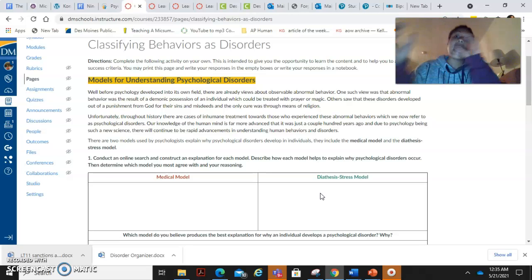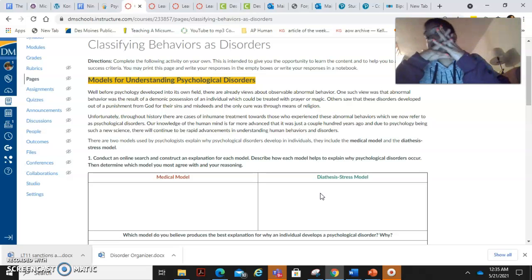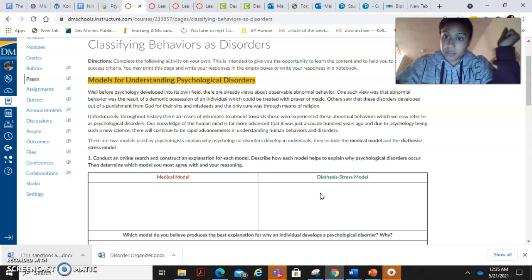That is the happy coupling of biological factors and environmental factors, and they marry each other because they love each other, and they create the perfect situation for a psychological disorder to develop. Okay?